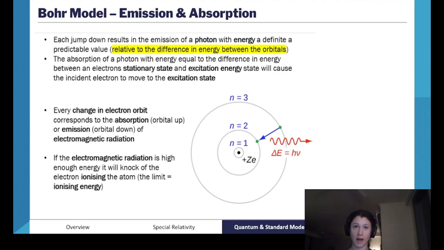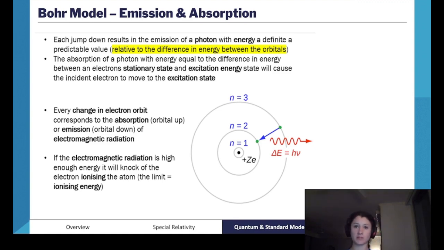So, let's talk about how it addresses the issues. Firstly, each electron releases or absorbs a certain amount of energy every time it moves, and it doesn't release energy continuously, it releases energy in discrete amounts until it reaches a stable orbital.